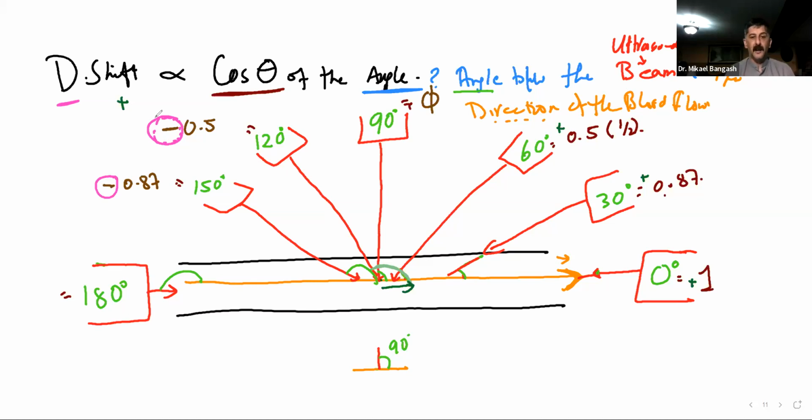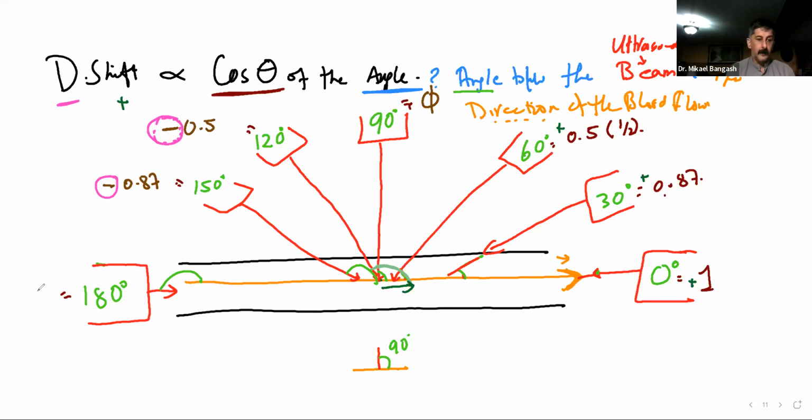Which brings us to the question, what about 180 degrees, the angle between the ultrasound beam and the direction of the flow of blood?